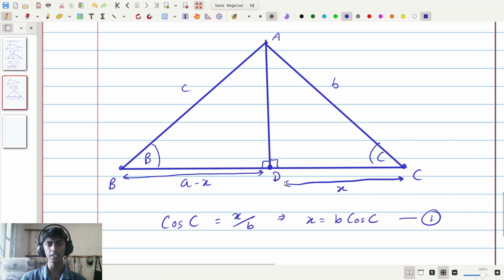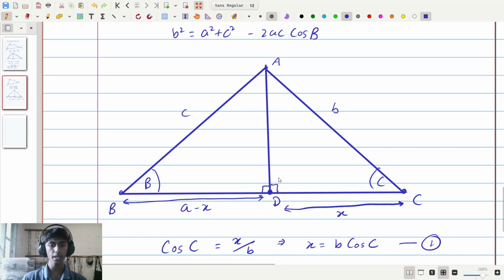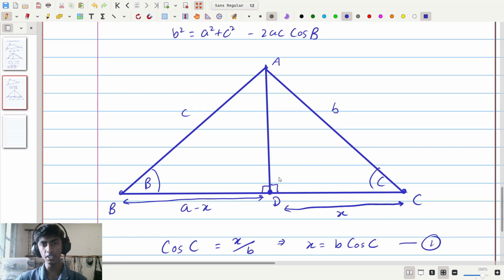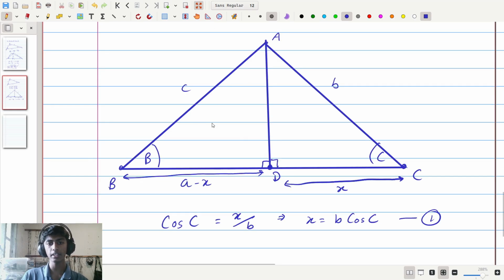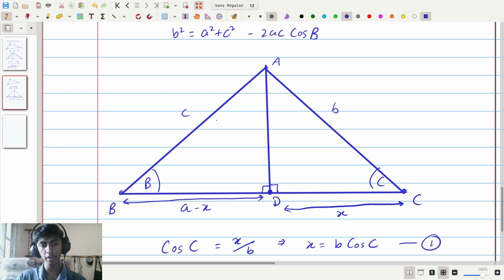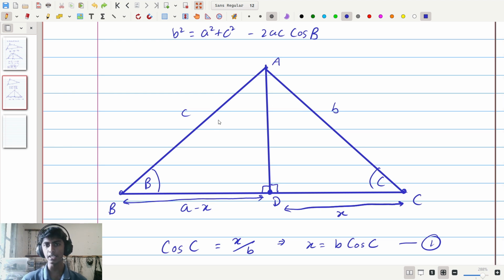Next, let's consider the other triangle ABD. So in triangle ABD, we can see that AD is a height, BD is a base, and c, the side AB, is our hypotenuse of this right angle triangle. So now we're going to try to find the side lengths of this. We already know a minus x because we know x and a is a known value. What about the height AD?